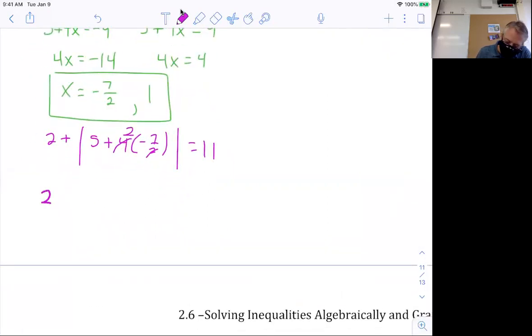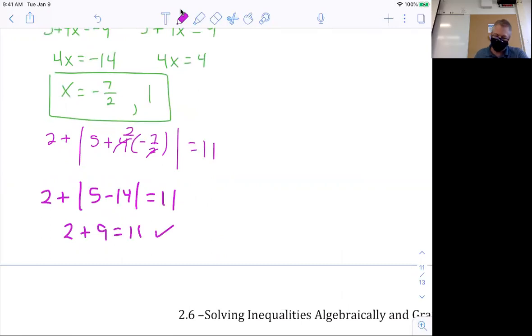So I have 2 plus the absolute value of 5 minus 14 is equal to 11. 5 minus 14 is negative 9, and the absolute value of negative 9 is positive 9, and so it checks out. So negative 7/2 works.